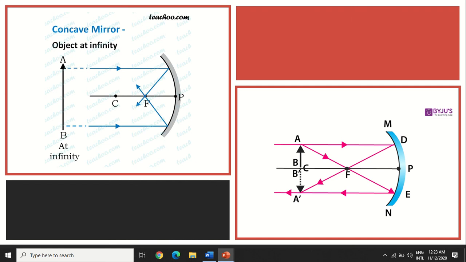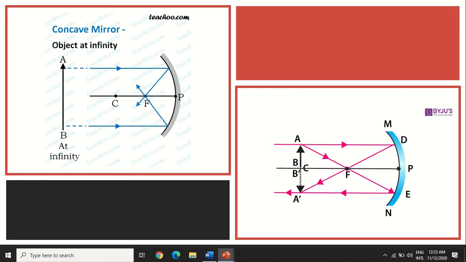Dear students, you must practice the ray diagram by drawing it in your copy, and you must draw it using a compass. Take any point as the center of curvature.